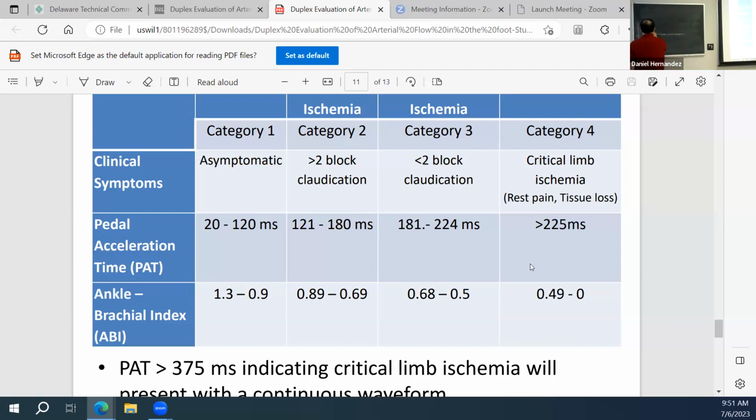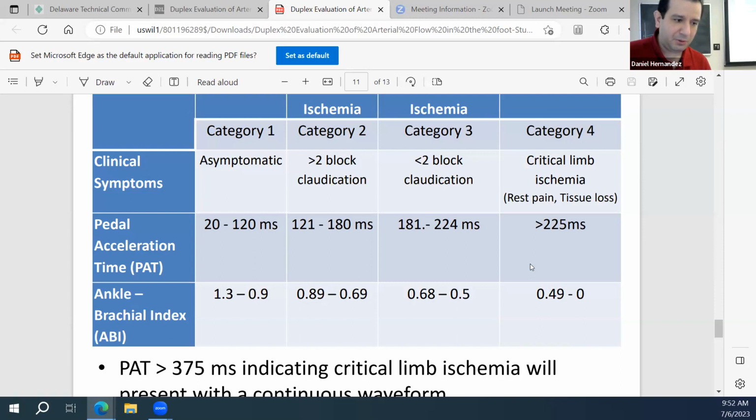So the more shallow that slope, the longer that rise time is going to be. That time is going to be much longer the more shallow, or the less steep, that slope is. So the more tardus your waveform, the more significant the disease is going to be.